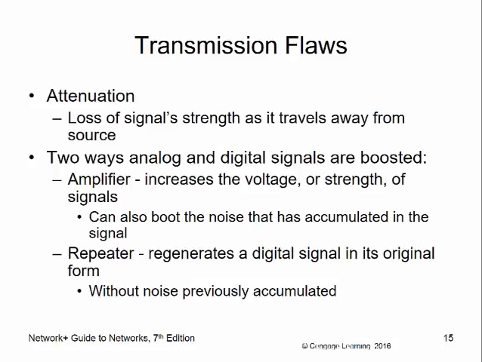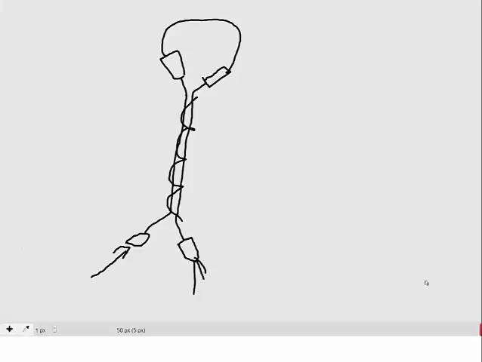So how do we fix it? Well, there's a couple ways we can boost our signals, right? One way is through an amplifier. So if I've got my signal, let's go ahead and clear this. And here's my signal going across, let's say a piece of copper.